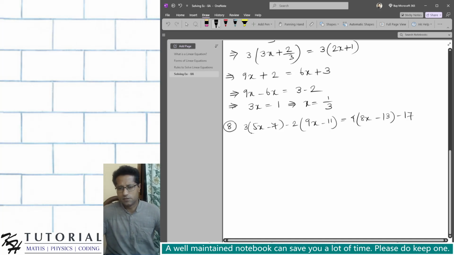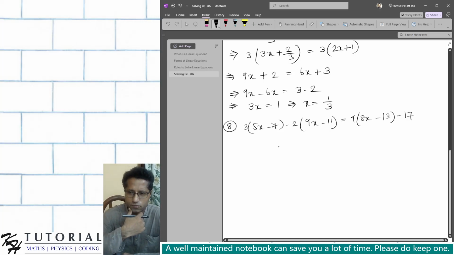We have 3 multiplied by 5x minus 7. Because of this, you can consider this as a linear equation reducible to simple form, because we have to ultimately do the product of the constants with the binomials. So if I do the products and open up the brackets, I get 15x minus 21 minus 18x plus 22.